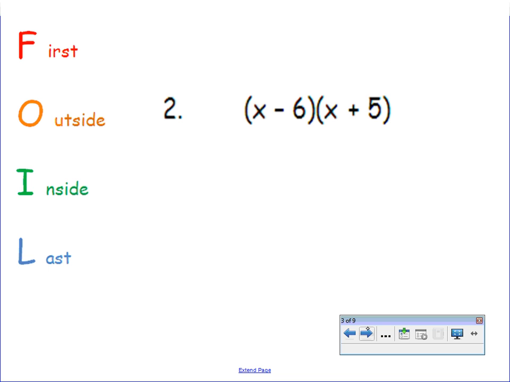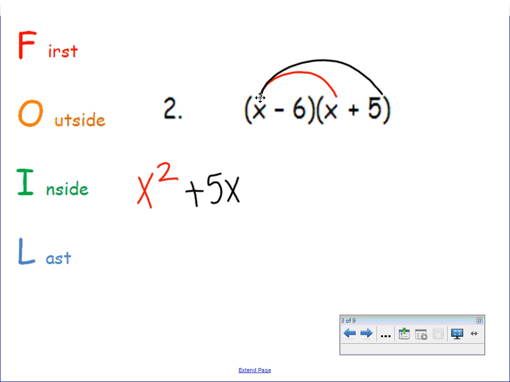Okay, here we have x minus 6 times x plus 5. I'm going to follow my FOIL. First, I need to multiply the first terms. That's the x times the x, which gives me x squared. Then I'm going to multiply my outside terms. The outside, remember, is my x and the 5. When I multiply those, I get a positive 5x.